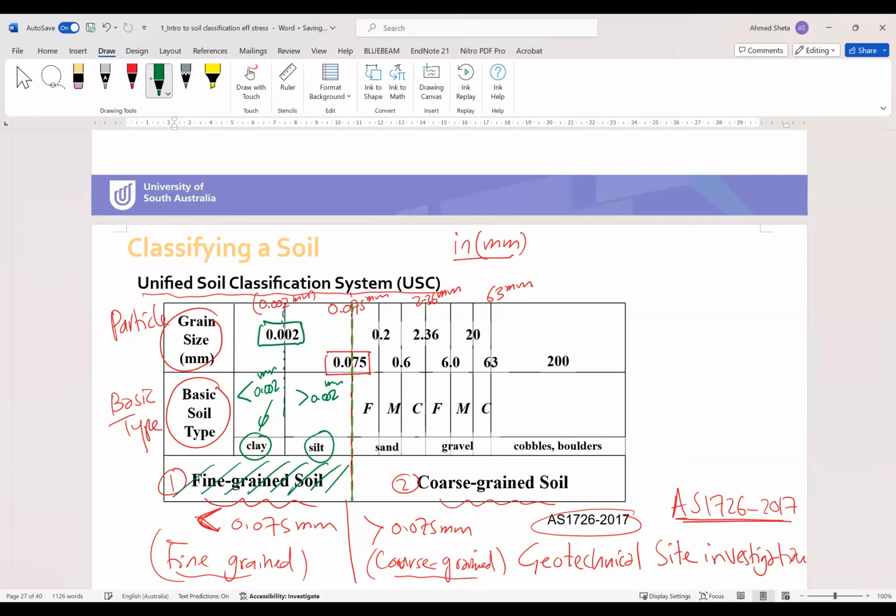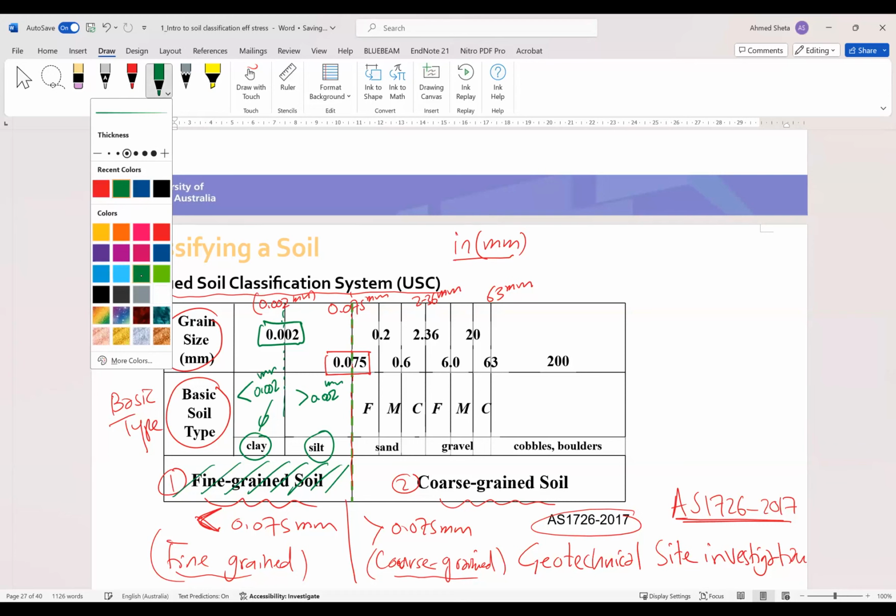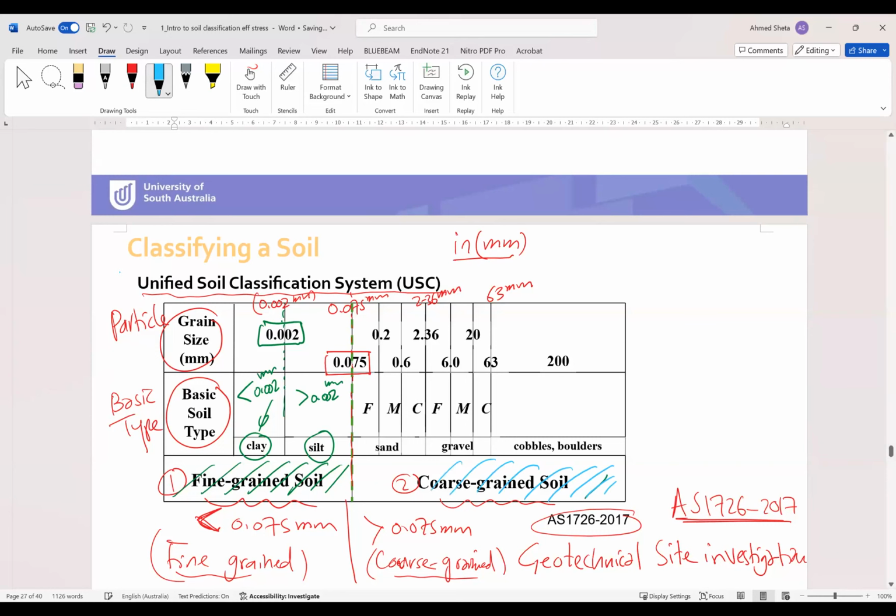If we look at the coarser size, we have another color here. In this sky blue, all these are coarse grained soil. We have some limits here. For example, this 63. If the soil size is larger than 63 millimeter, it is boulders or cobbles, very big size. If it is between 2.36 and 63, this all is gravel.